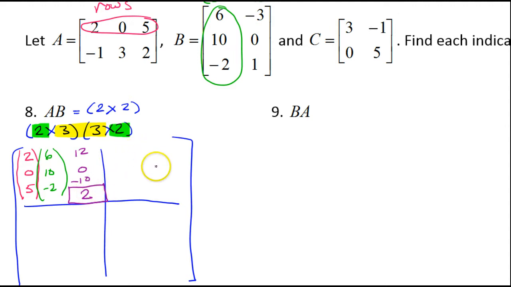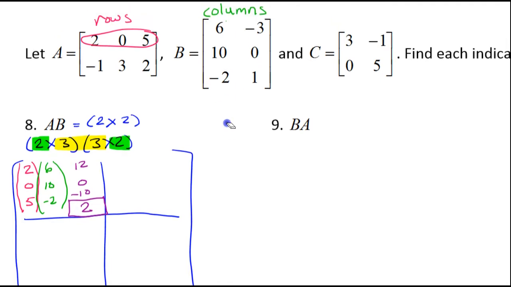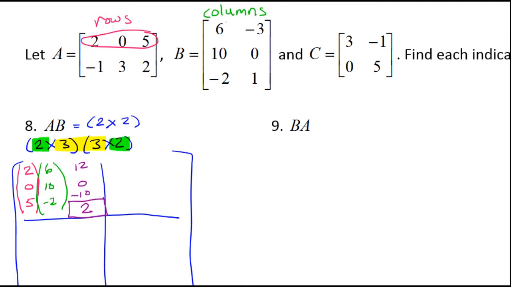Now, if I want to find the entry that belongs in the first row, second column, I am going to multiply the first row times the second column. So the first row is this, 2, 0, 5 again.